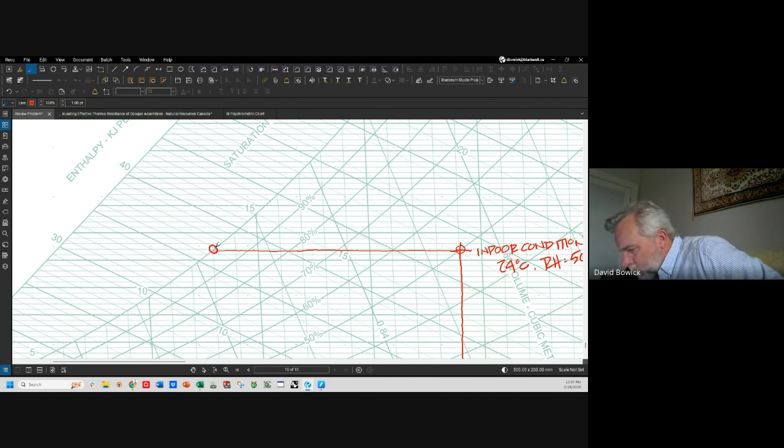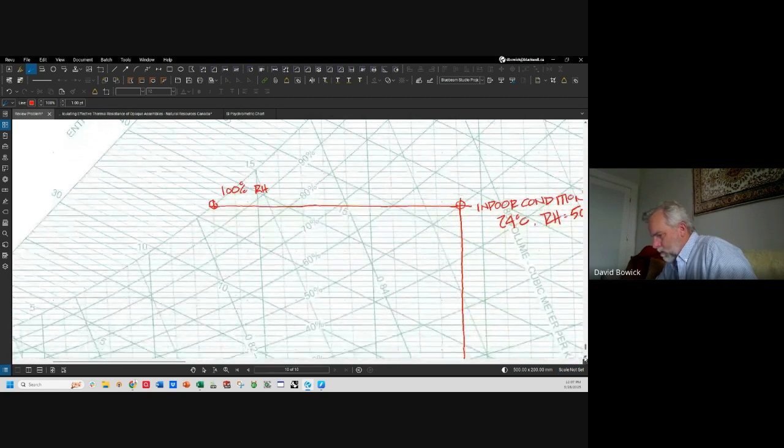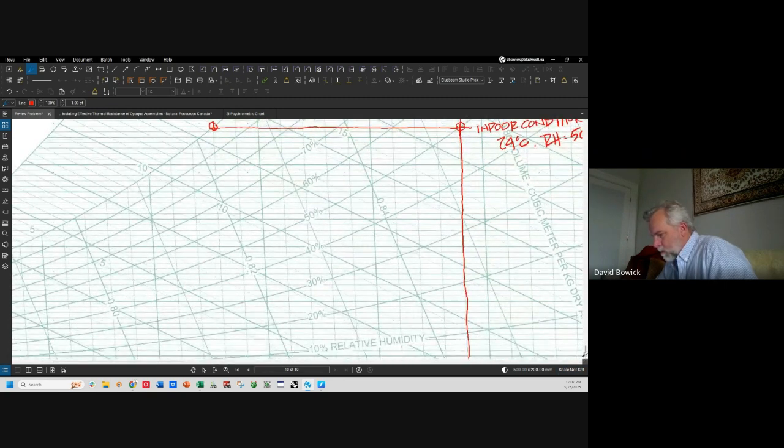Here is 100% relative humidity. That is the saturation point. So this represents our saturation temperature or our dew point.